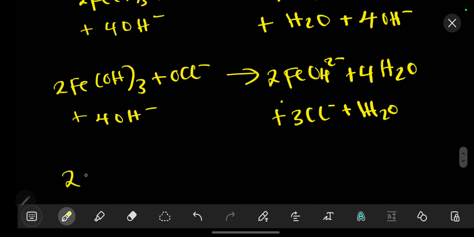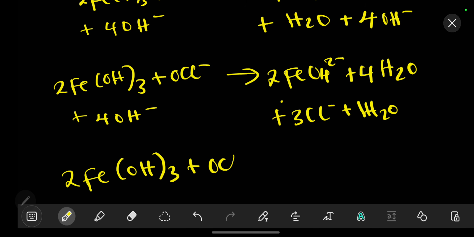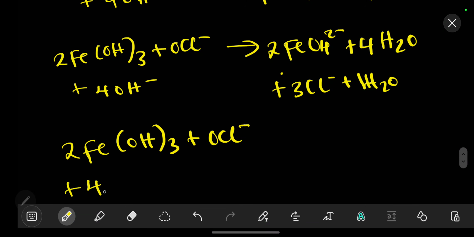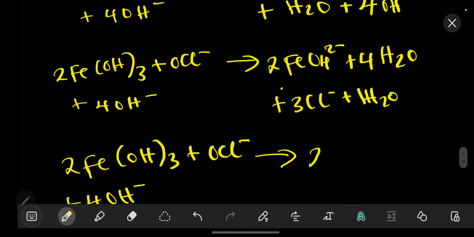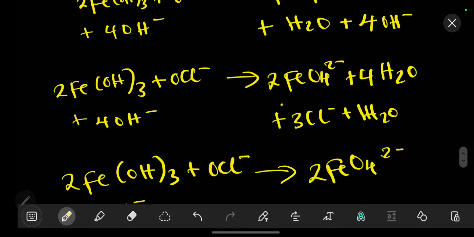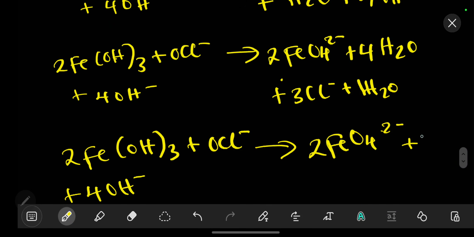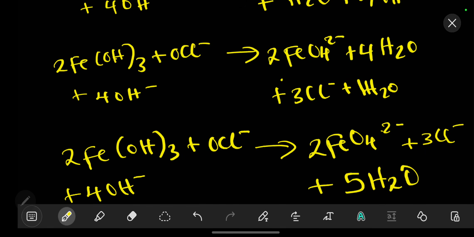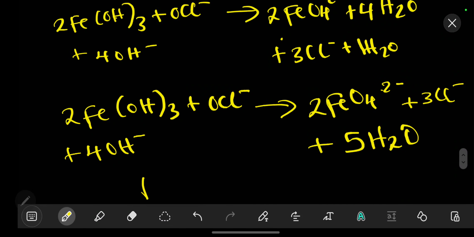Our final answer will be 2Fe(OH)3 plus OCl negative plus our 4OH negative to become 2FeO4, 2 negative, plus 3Cl negative, plus 4 plus 1, which gives 5H2O. So this is how we balance that one. This is balanced in basic media, like that.